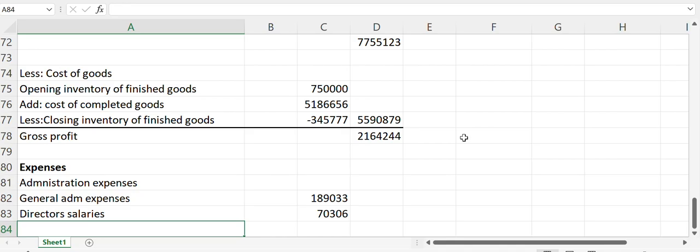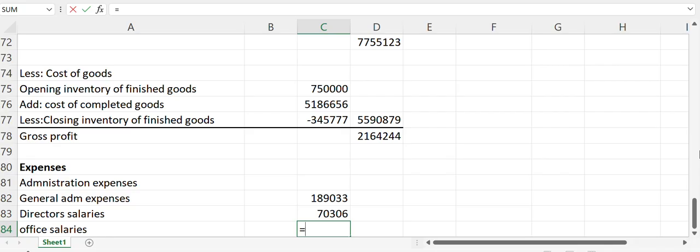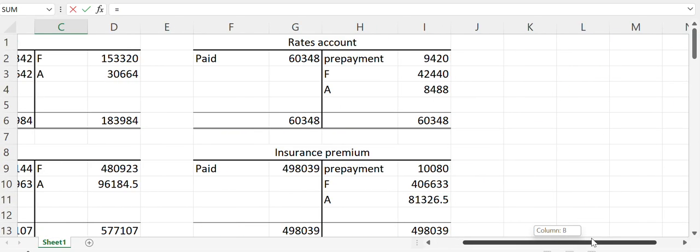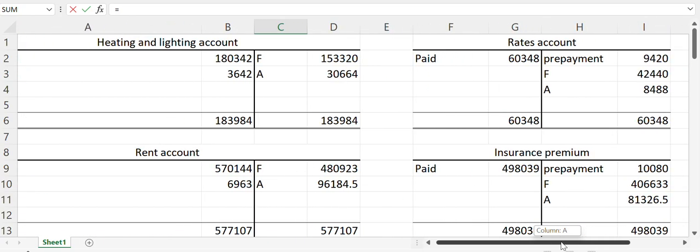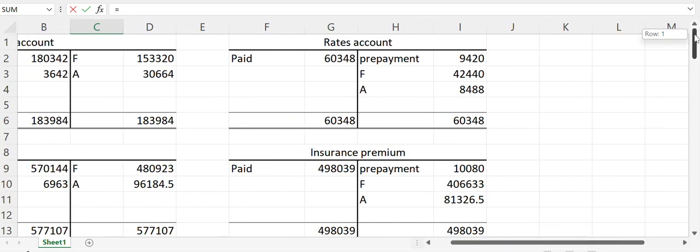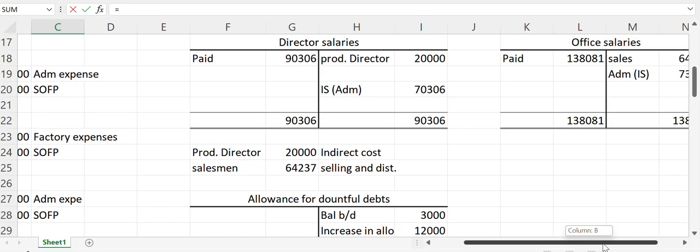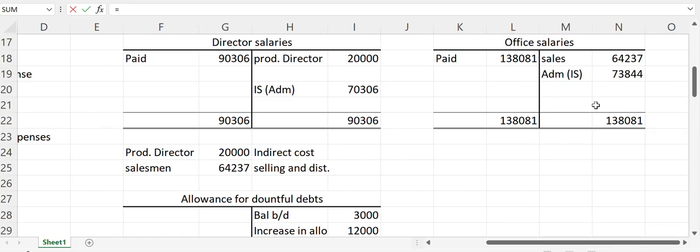Then we have now the general salaries for the other employees, office salaries. We've also computed it somewhere here, yes. Here.